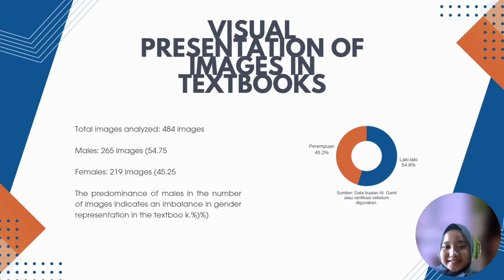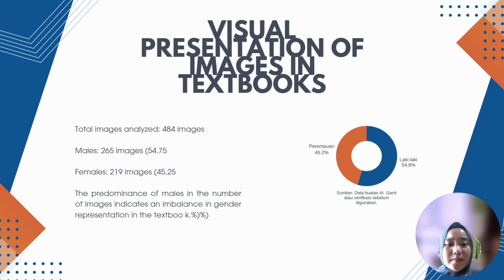So next, visual presentation of images in the textbook. The research analyzed a total of 484 images in the textbook. For male images, 265 images or 54.75%.